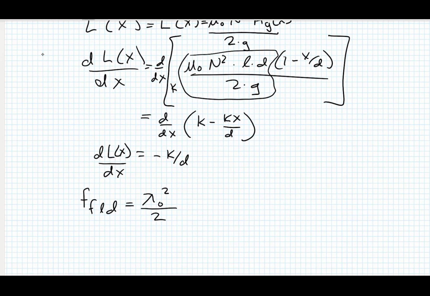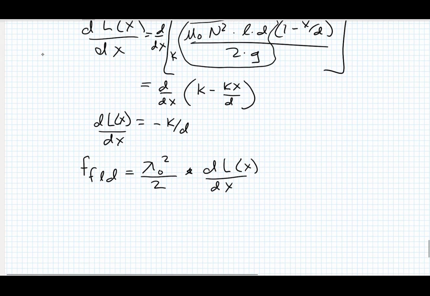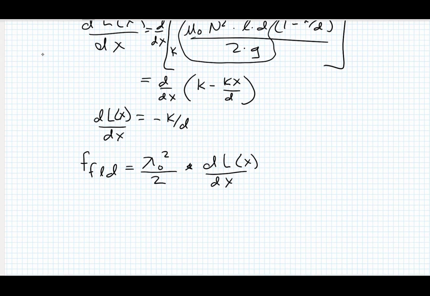The force will be varying. And so we would say that this is L of some position x times the current that we had, divided by 2.